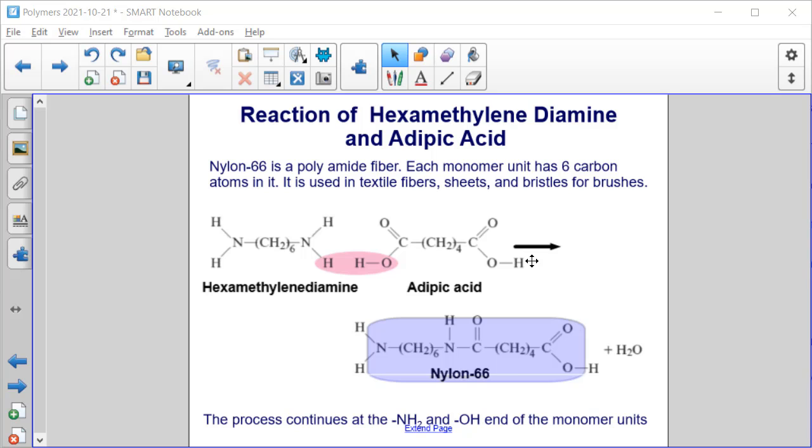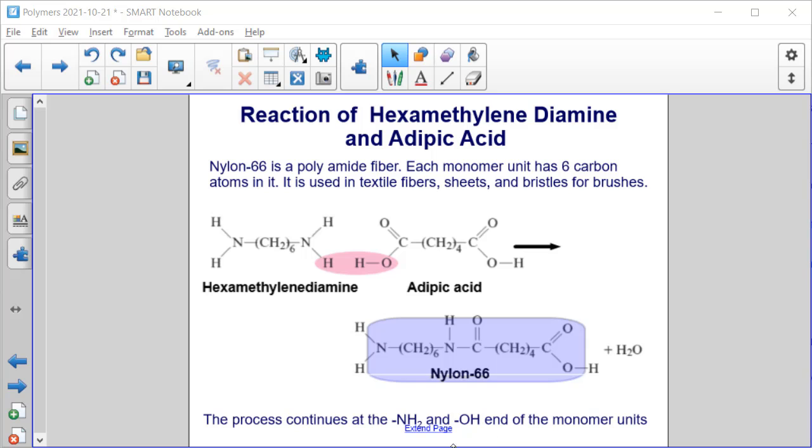we're going to remove water. So on one of the amine groups, we'll remove a hydrogen, and on one of the carboxylic acids, we'll remove the OH group. And in doing so, now the nitrogen will be bonded to the carbon. So in this product, we have nitrogen bonded to carbon with the removal of water. And this is nylon 66.